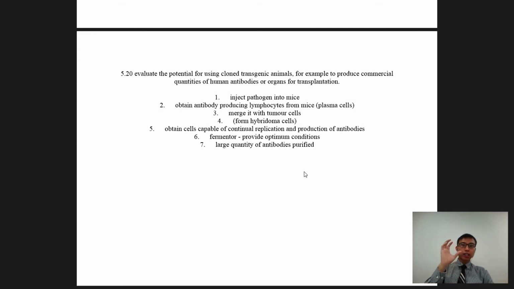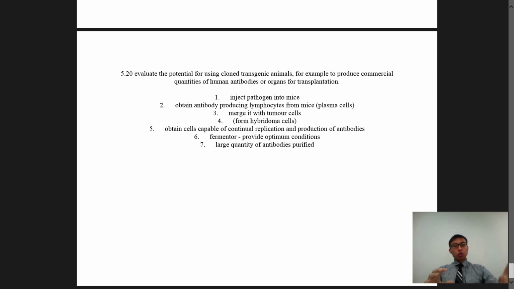Now, I can take this lymphocyte or the plasma cell and merge it with a tumor cell. On merging, it can form cells called hybridoma cells. I put this in brackets because knowing this hybridoma term is not required for the IGCSEs.